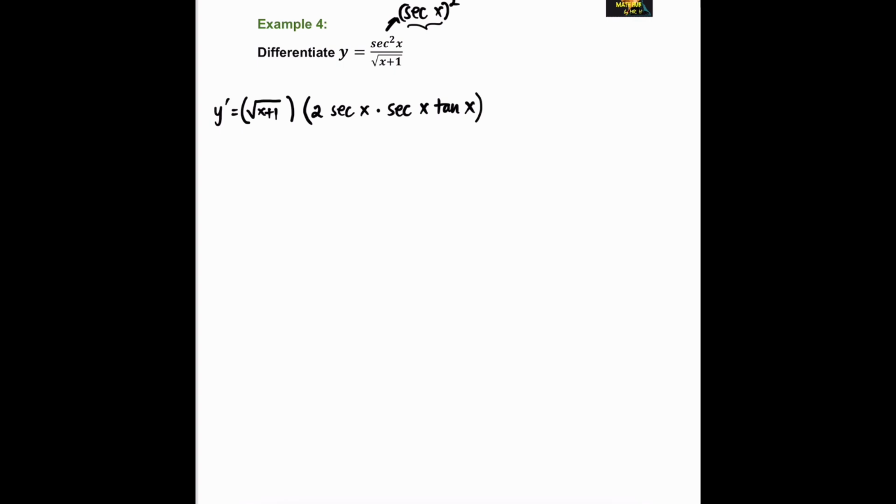All right, minus, we take the numerator, which is secant squared x, times the derivative of the denominator. So you can rewrite this as x plus 1 to the power of 1/2. So the derivative of the denominator is 1/2. So apply the power rule first.